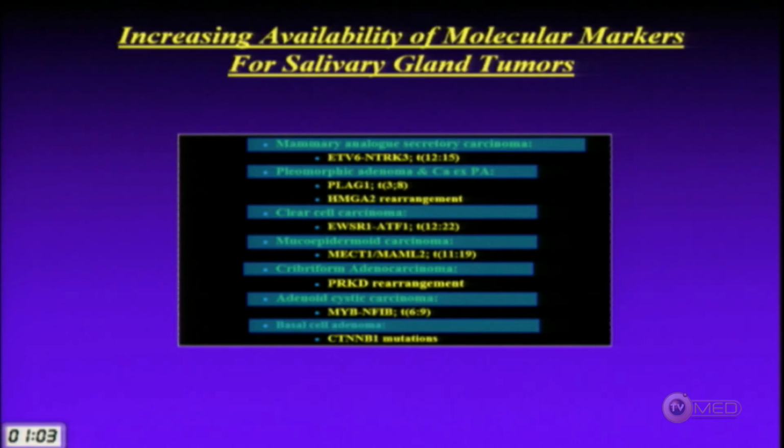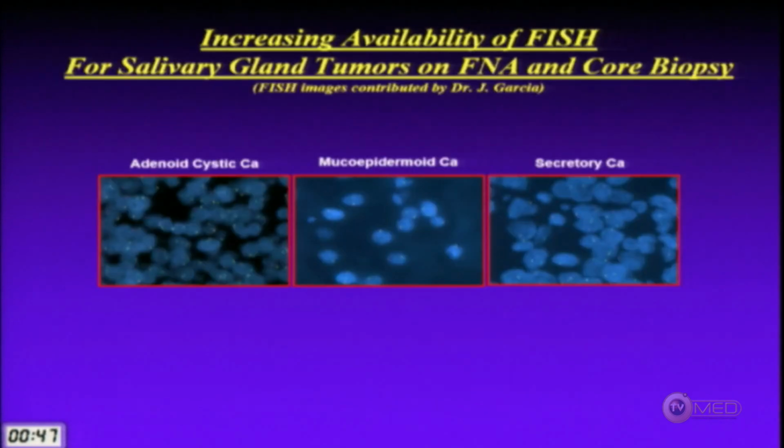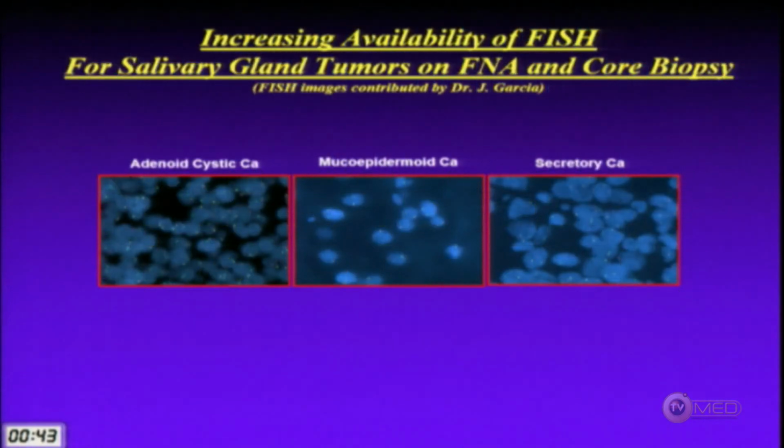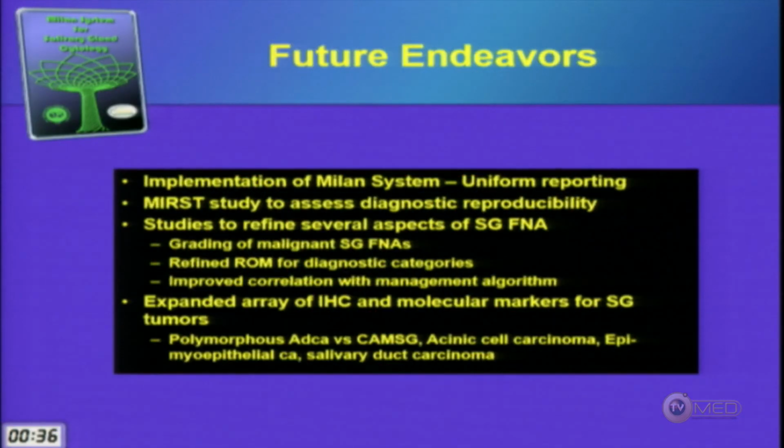And these are some of the known molecular changes associated with many of the more common salivary gland tumors. So if you actually do molecular studies and you have material, you can make a specific diagnosis, going further than you could just on cytomorphology. And these are 3 examples of FISH analysis for adenoid cystic carcinoma, mucoep, and secretory carcinoma.